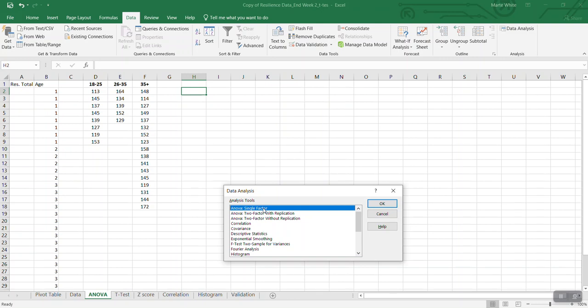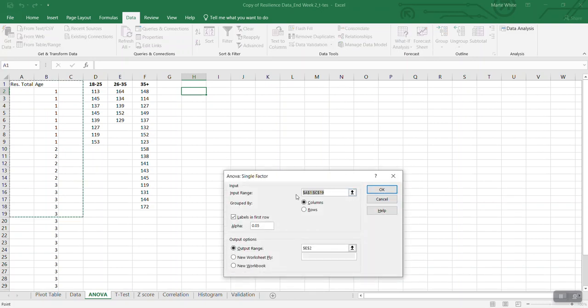So is the resiliency different among these 3 groups? If we were looking at the resiliency scores and the stress scores, then we would have a 2-way ANOVA. But we're looking at only one factor for this one. So you want to make sure you choose single factor, then click OK.